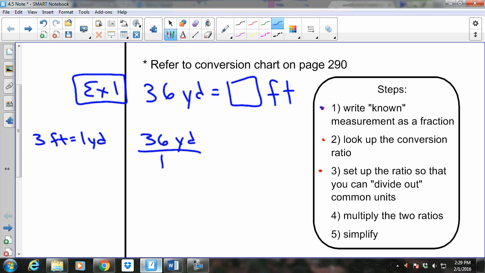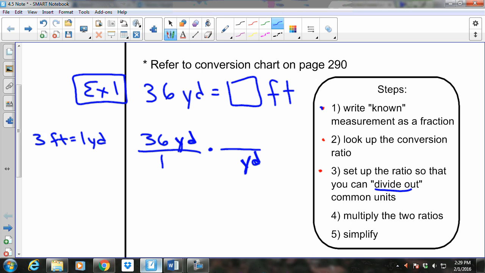Set up the ratio so that you can divide out the common units. It's kind of like the cross-simplifying thing that we've been doing. So I'm going to encourage you to do this. Put the known ratio down, 36 yards over 1, and then times, and put the units across from each other so you can cross cancel them.